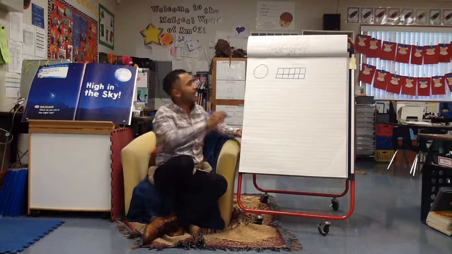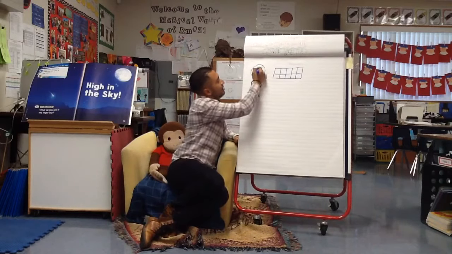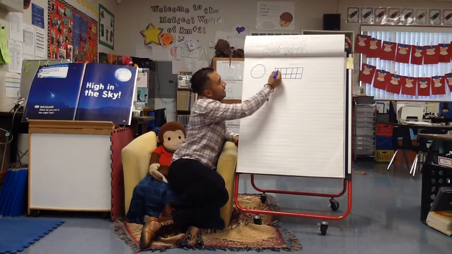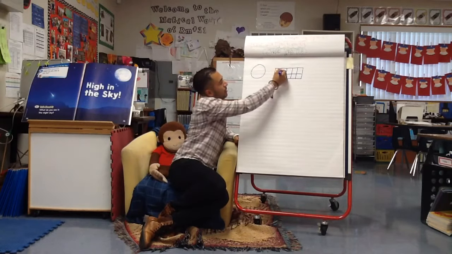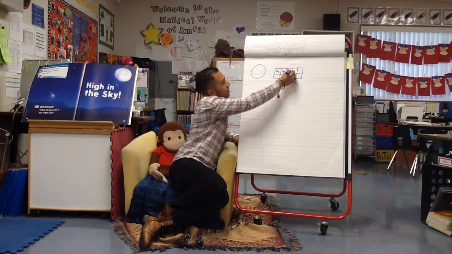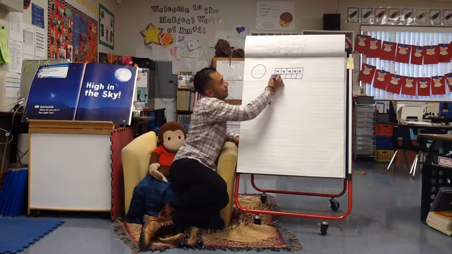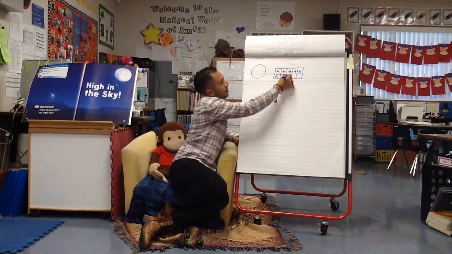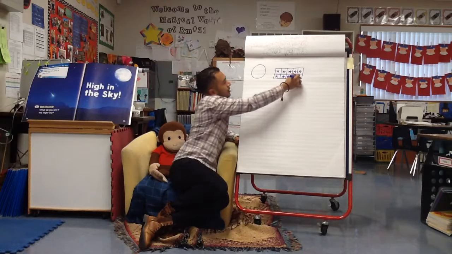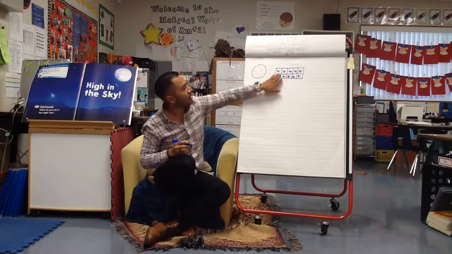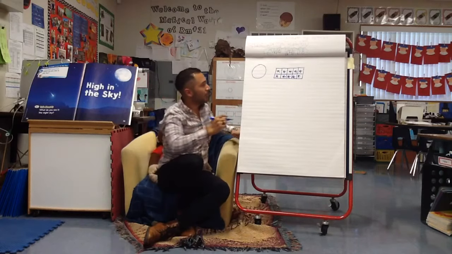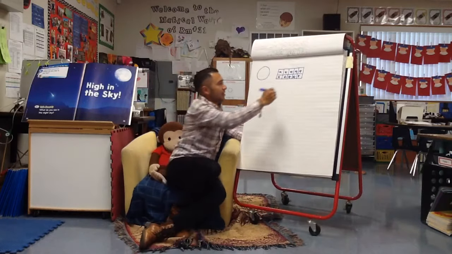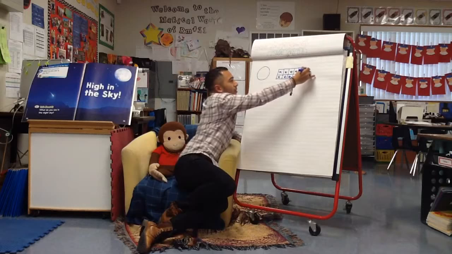So, I can go ahead and say, let's see if I have this right here. 1, 2, 3, 4, 5, 6, 7, 8, 9, 10. Okay, I have my tens frame filled up. But I have these stars left over.